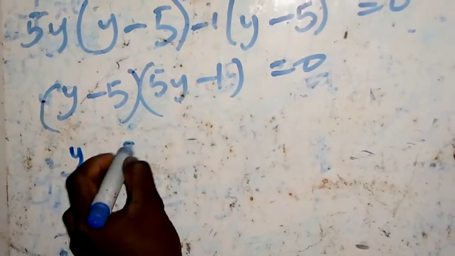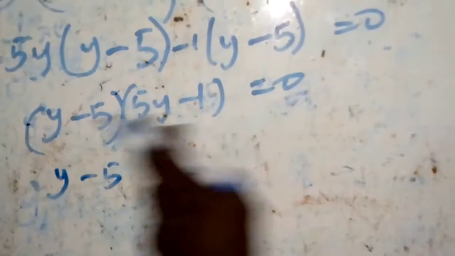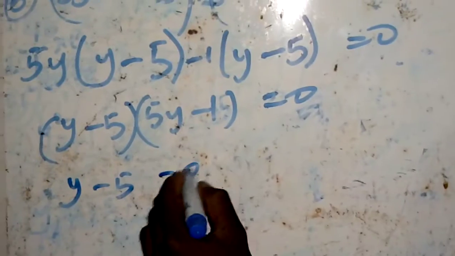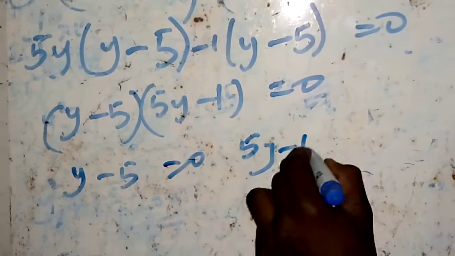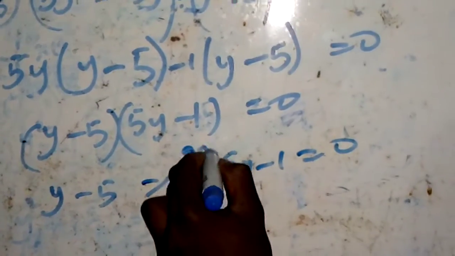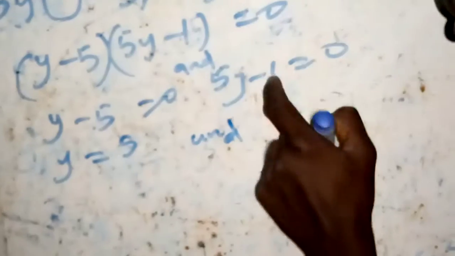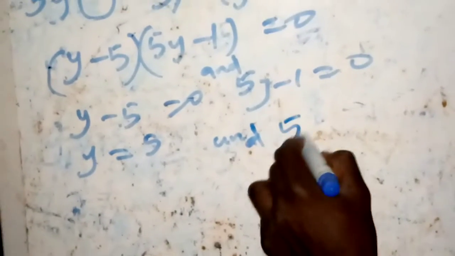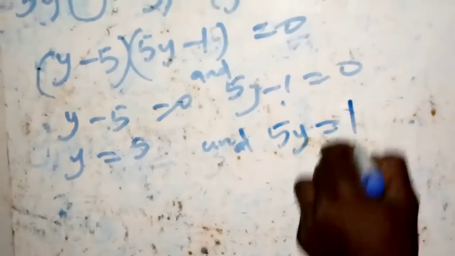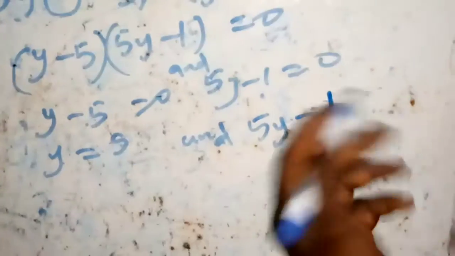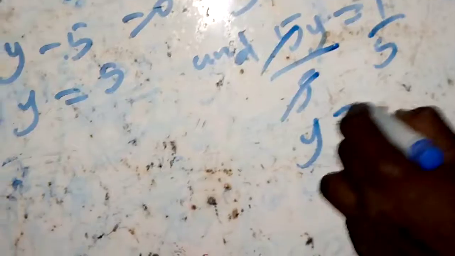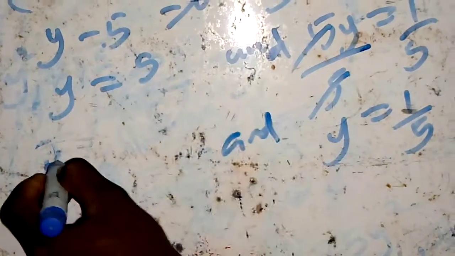We split it: 5y minus 1 equals 0 and y minus 5 equals 0. So y equals plus 5. Then 5y equals minus 1, which coming to this side turns to 1, so divide both sides by 5. So y equals 1 over 5 at this side, and at this side y equals 5.